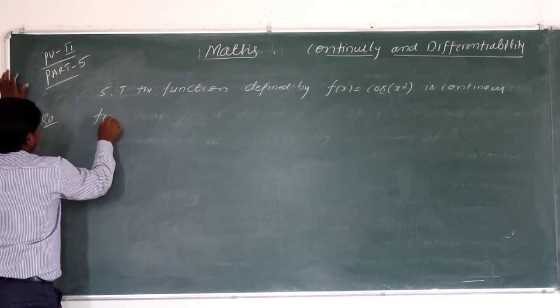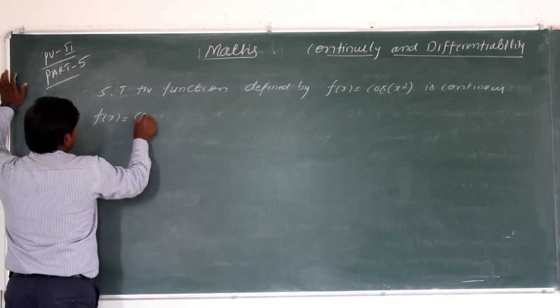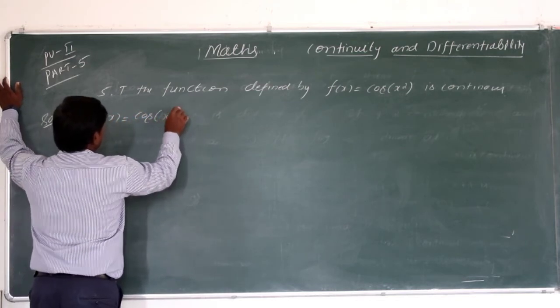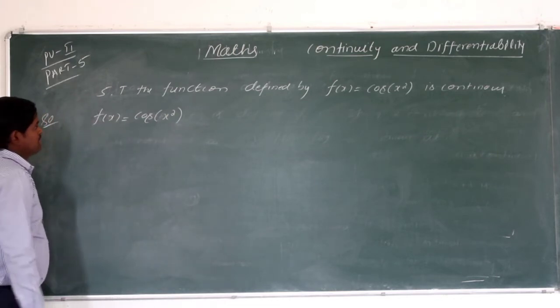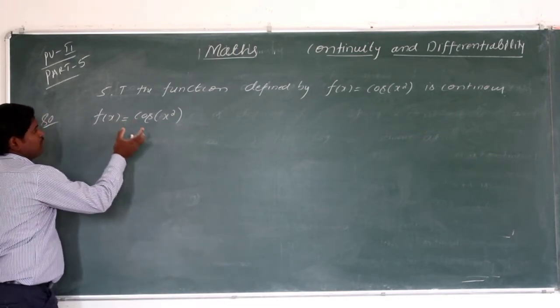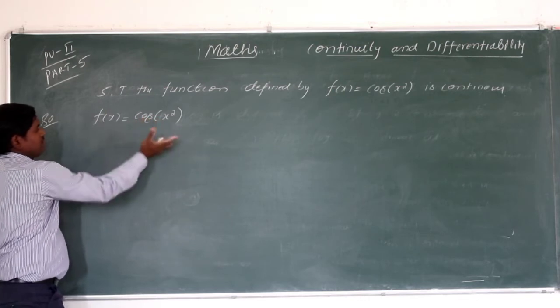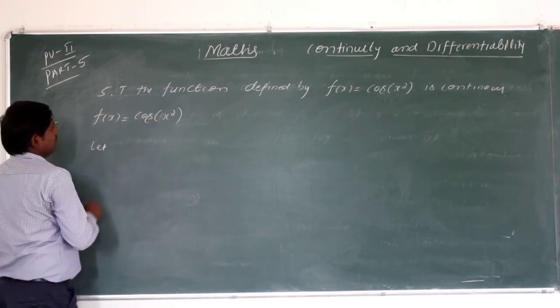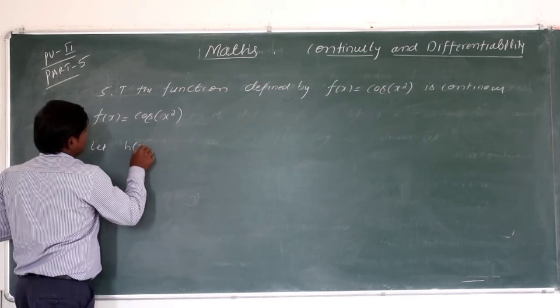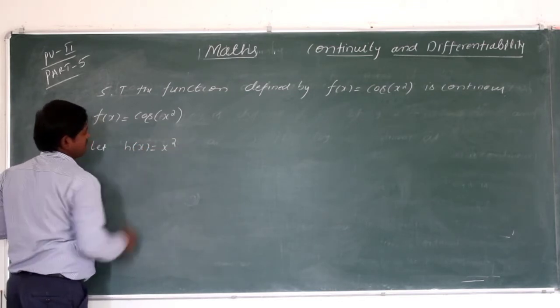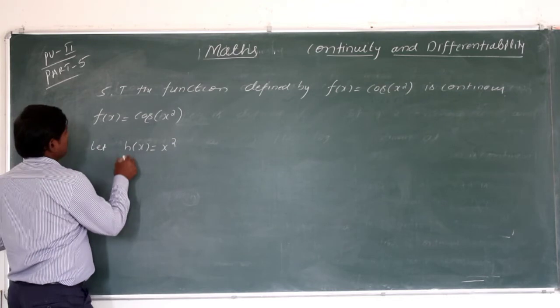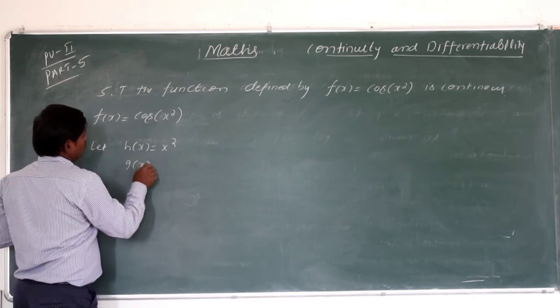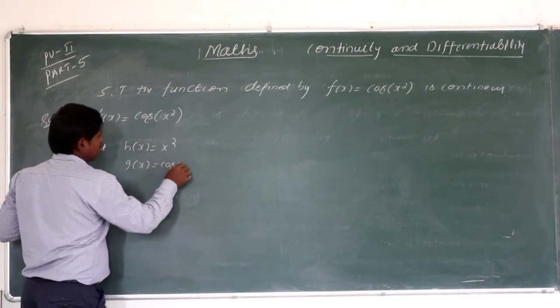Your function f of x is equal to cos x square. Here this is a composition of two functions. One is x square and the other one is cos x. So h of x is equal to x square, and g of x is equal to cos x.